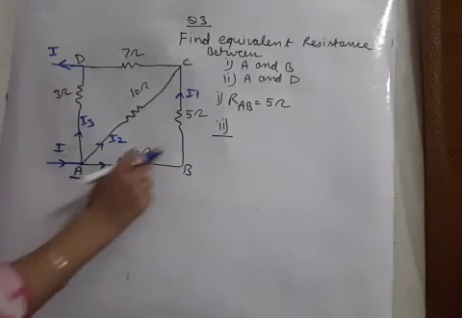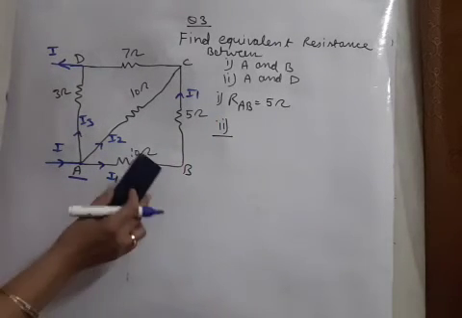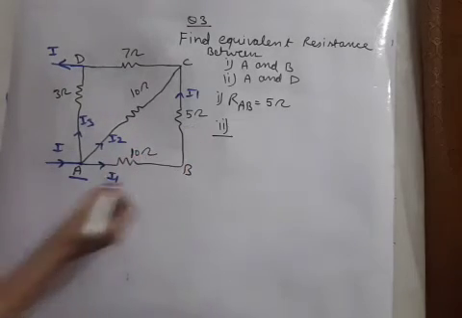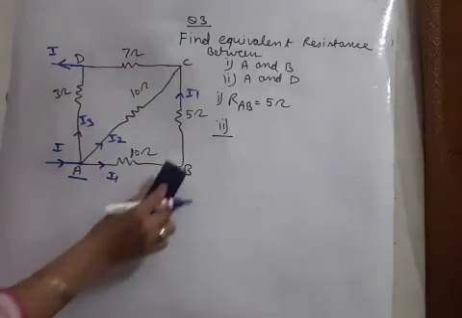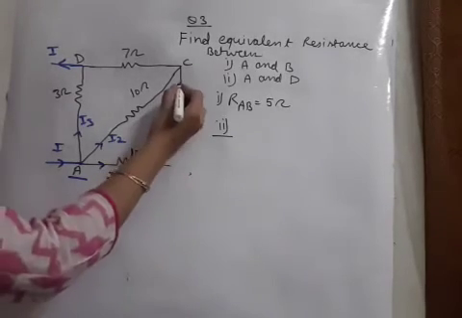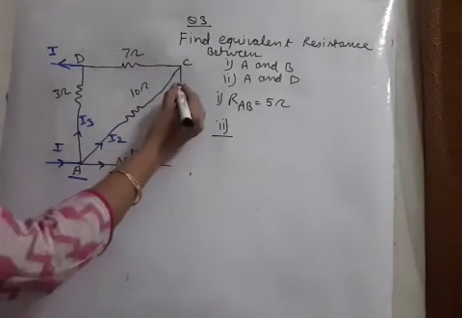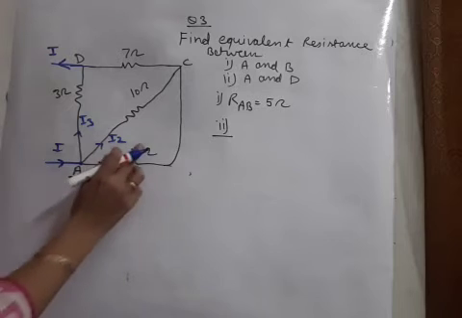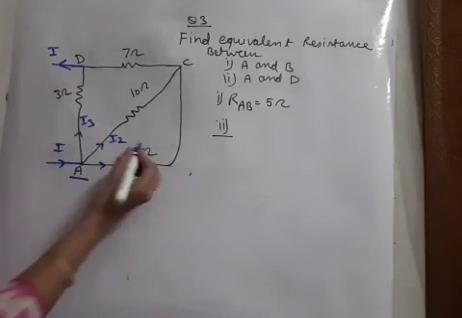That means this 10 and this 5 are in series. So I think you know the answer. 10 plus 5, the answer is 15 ohm. So we will replace the circuit by a single resistance of 15 ohm.